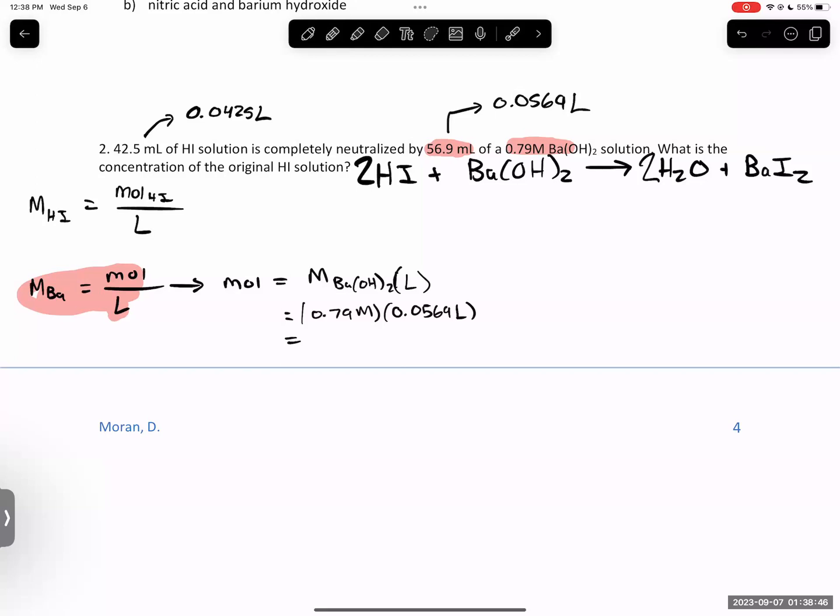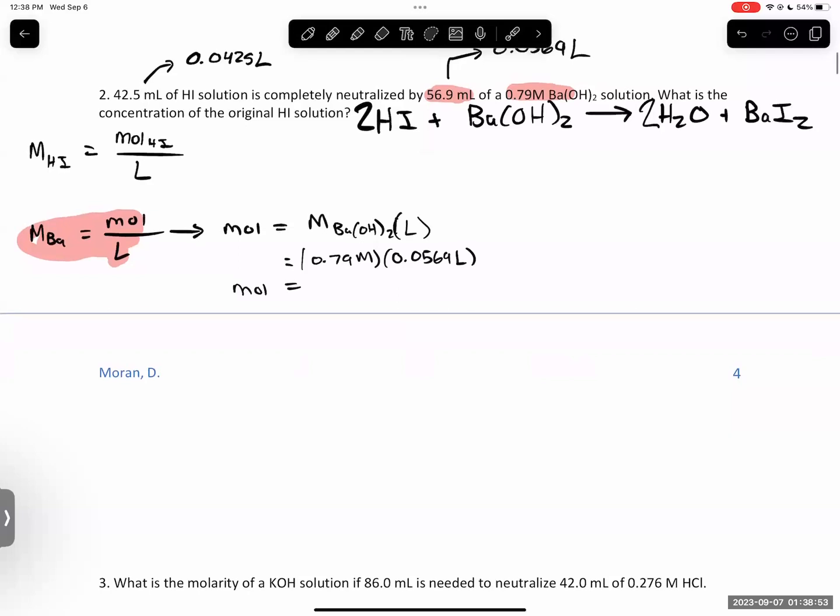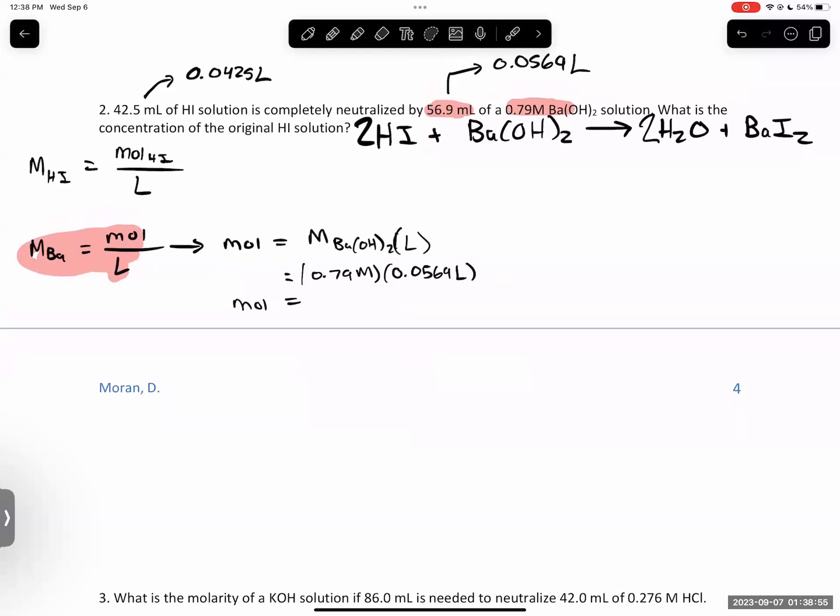And Nicholas, if we did this, what would we get? You would get 0.0449 moles of barium hydroxide.